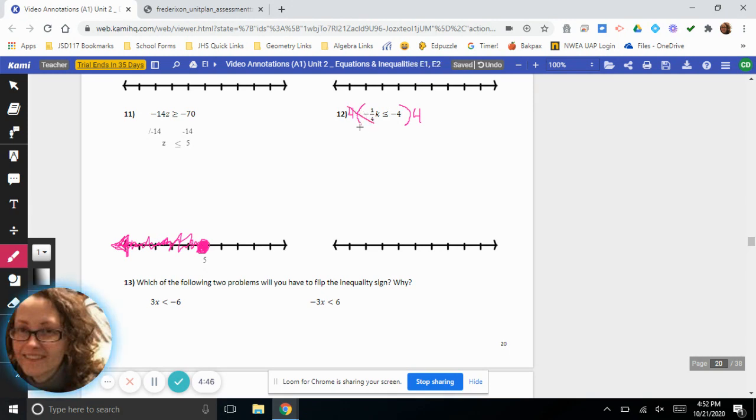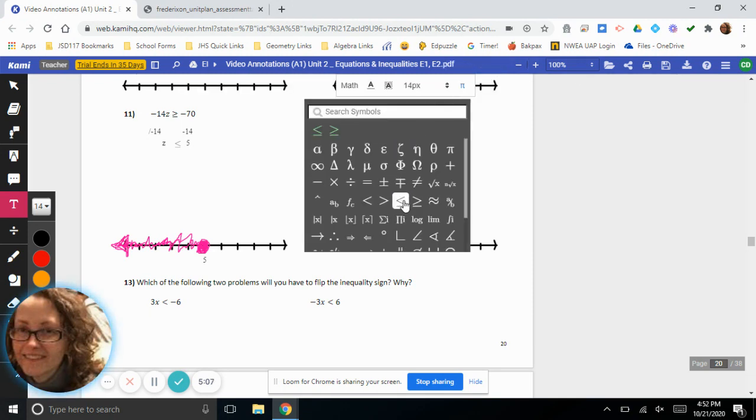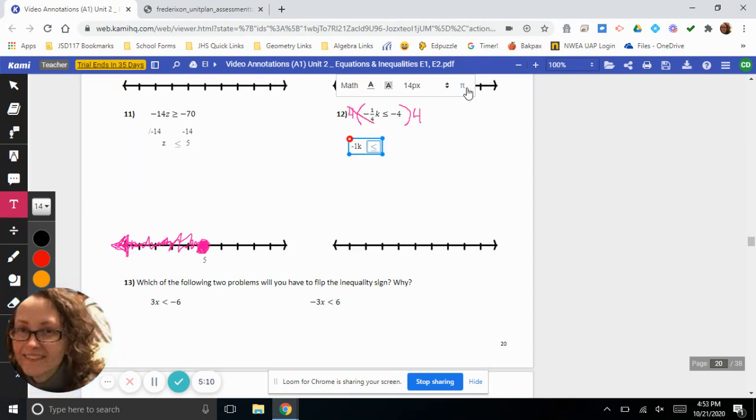Now be careful, I haven't done anything to get rid of my negative sign here, so I'm still going to have a negative 1k on the left. And I haven't done anything to divide or multiply by a negative number yet, so I'm also still going to keep my less than or equal to sign for now. And then -4 times +4 is a -16.